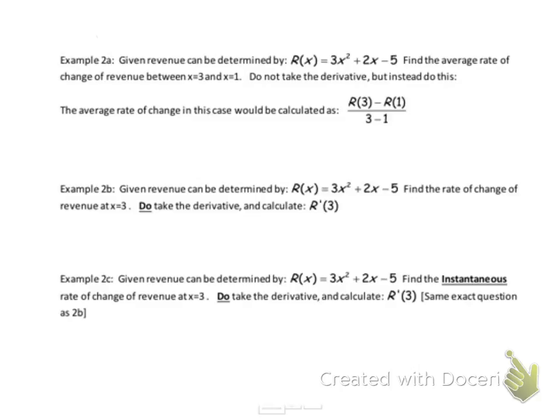Our example of average rate of change: the second you see the word average, do not take a derivative. If I want the average rate of change, they have to give me an interval.